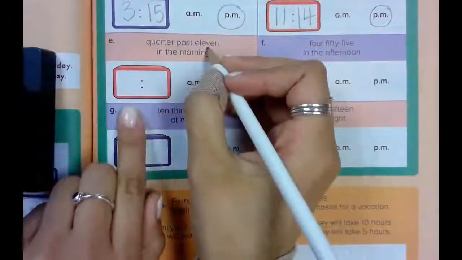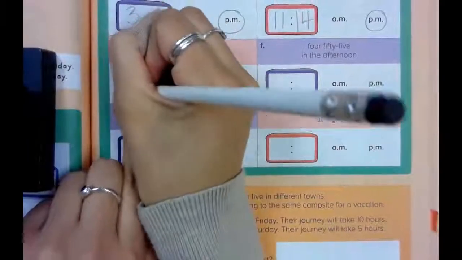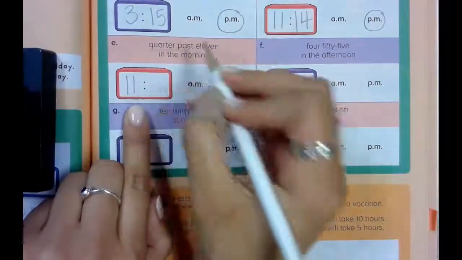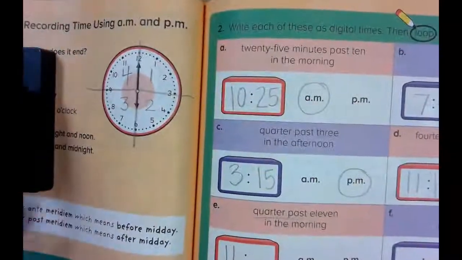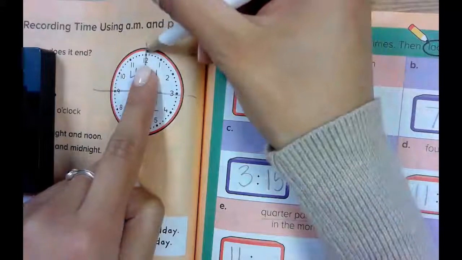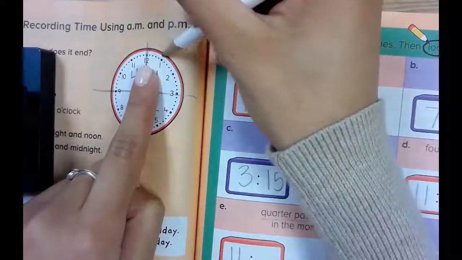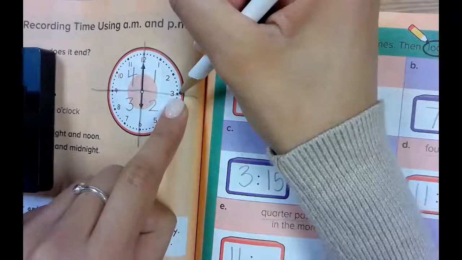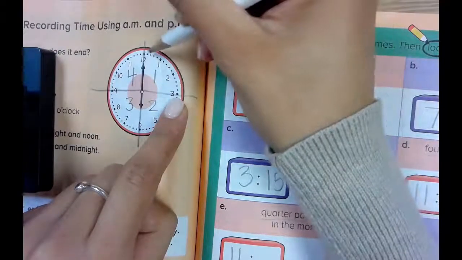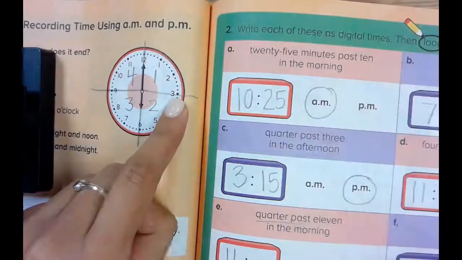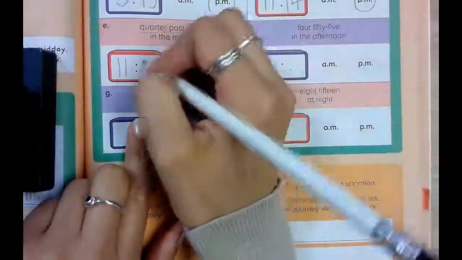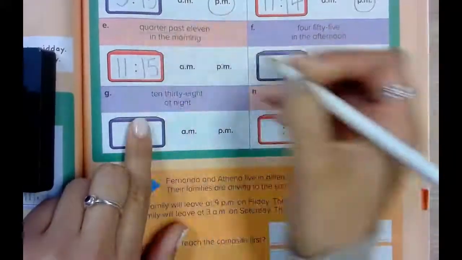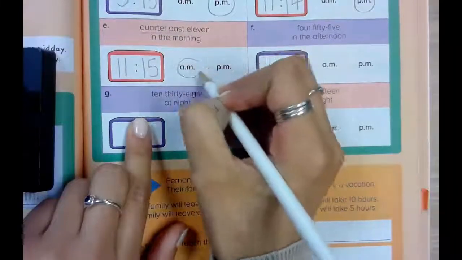So I have 11 as my hour again. Then I need to look at a quarter just like we did for letter C up at the top. I'm right at 11, so I'm going to start at the 12. I'm going to look at a quarter, which is going to be at my 3. We know that 3 is 15 because we have 5, 10, 15. So my minute is going to be 15. And it says in the morning, so it'll be AM.